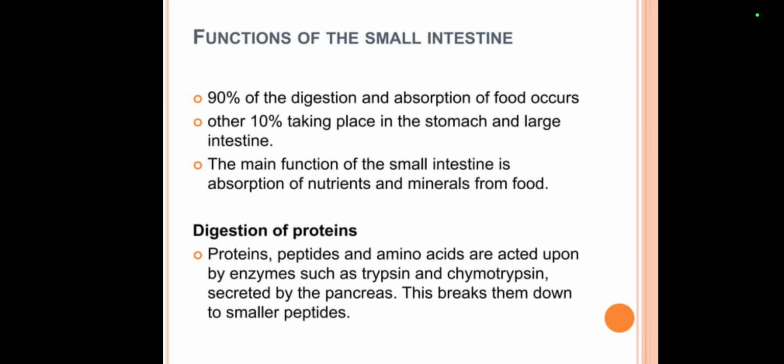To explain further what peptides and amino acids are, this is basically a sample protein. Once a protein source reaches your stomach, hydrochloric acid and enzymes called proteases break it down into smaller chains of amino acids.